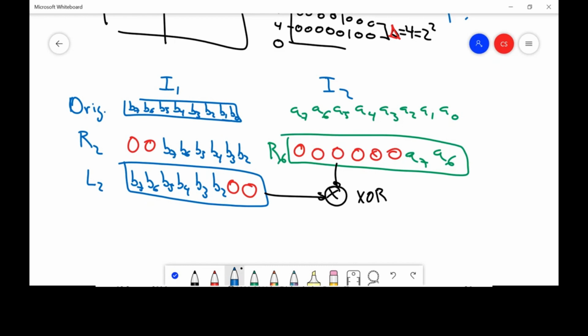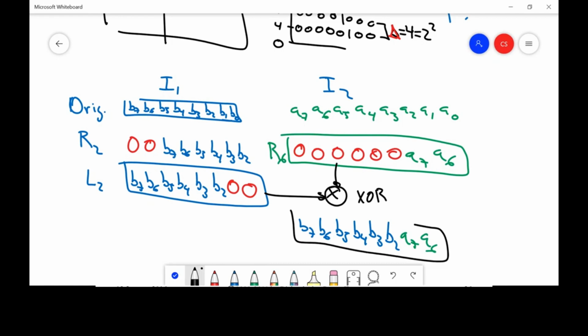What I have is B7, B6, B5, B4, B3, B2, because I'm doing the XOR with zeros, and then these last two are also XOR with the A7, A6 bits. This is our new image. So our image now has information from the first one, but also has a little bit of information from the second one in the last 2 bits.